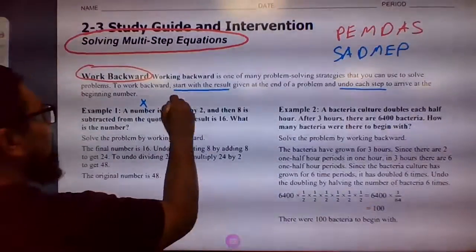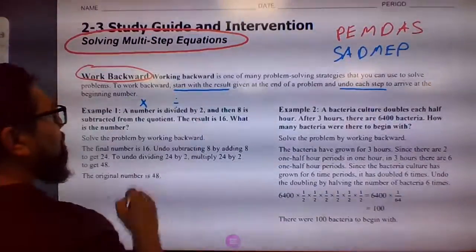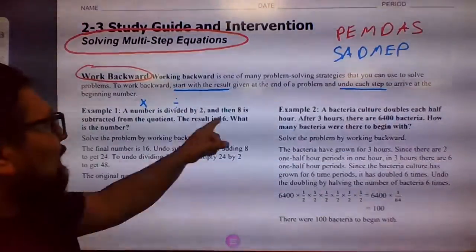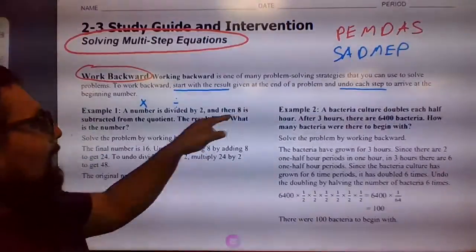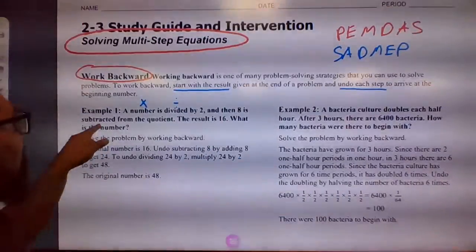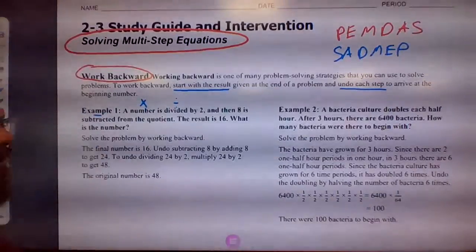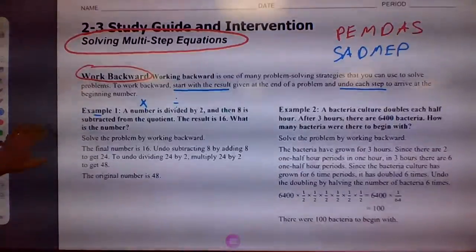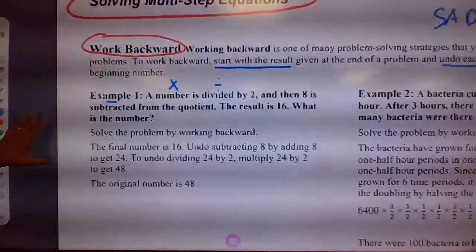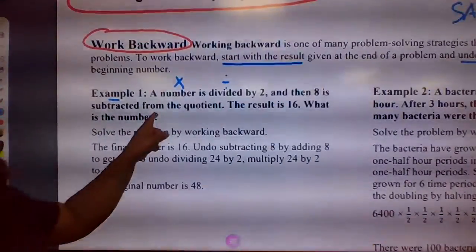So this is a division problem. It's divided by 2, and then 8 is subtracted from the number. So that means that there's a minus here. There's a subtraction somewhere going on. Let me zoom in a little bit more. From the quotient.